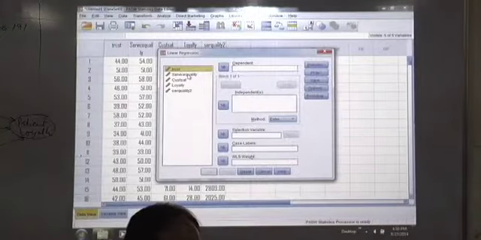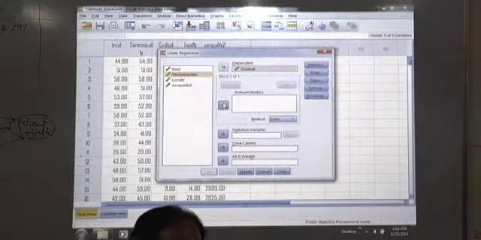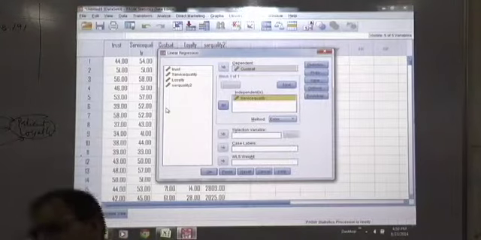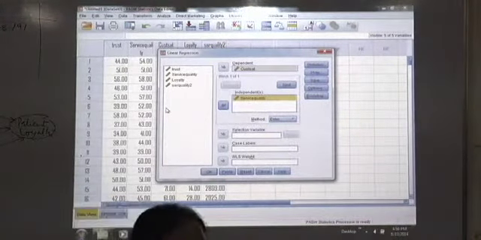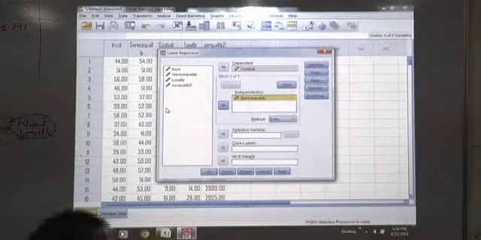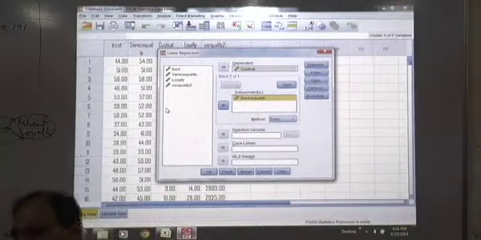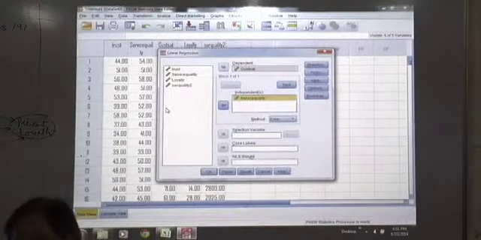Dependent variable, say we are still doing customer satisfaction. Dependent is customer satisfaction and independent is, right now we are applying simple linear regression, so we have only one independent variable, service quality. We found that it did not make too much of a difference.